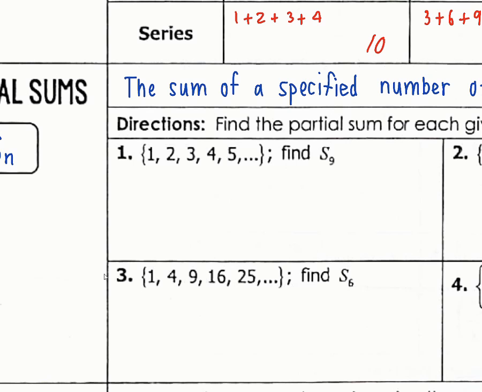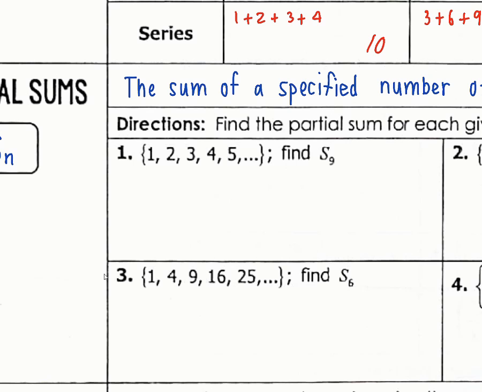But when you see S sub 9, it means what is the sum of all of the terms all the way up to the ninth term. So S sub 9 would mean you take A sub 1 plus A sub 2 plus A sub 3 plus A sub 4 plus A sub 5 plus A sub 6 plus A sub 7 plus A sub 8 plus A sub 9.